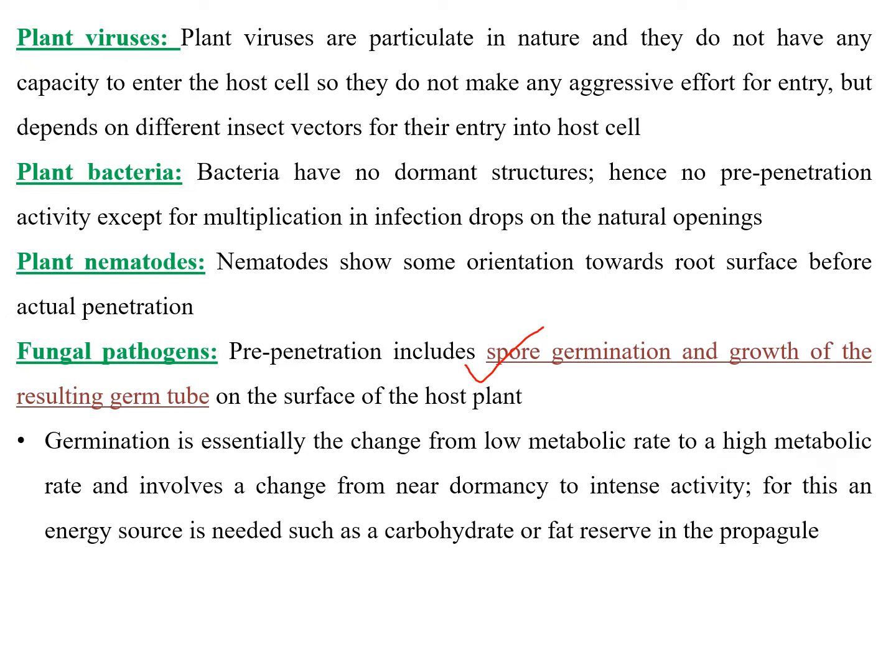It is essentially a change from a low metabolic rate to a high metabolic rate, and it involves a change from near dormancy to intensive activity. For this, energy sources are needed, like carbohydrates or fat reserves present in the propagule. They utilize these energy sources and the spores start germination.